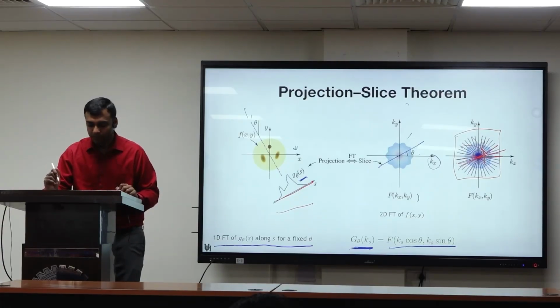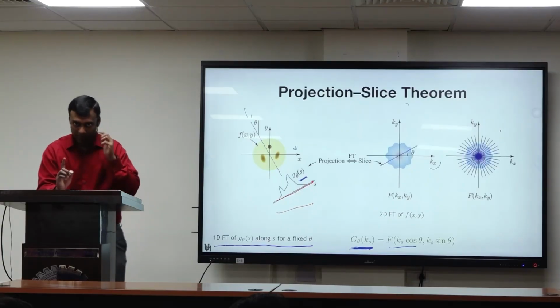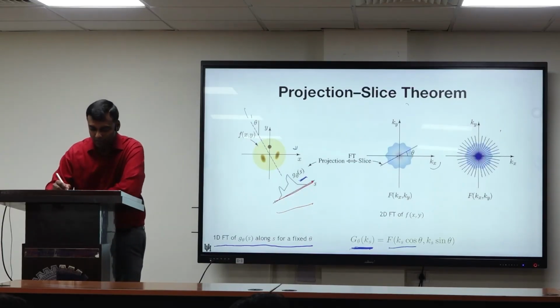Okay, the only issue, does anyone see an issue with that? Do you see a small problem that you will encounter when you actually try to do that? Yes, basically there are gaps here, right?